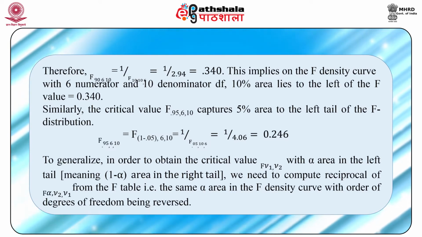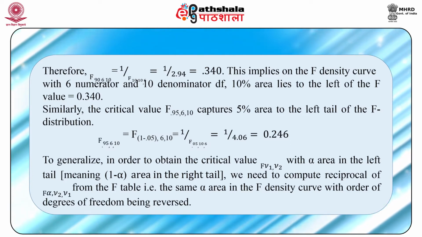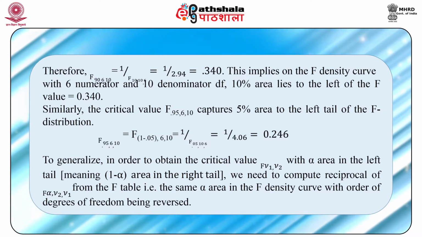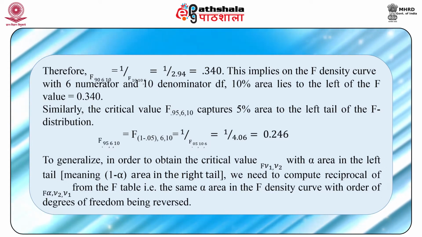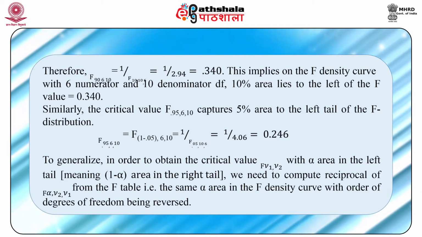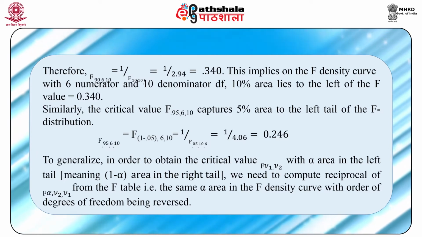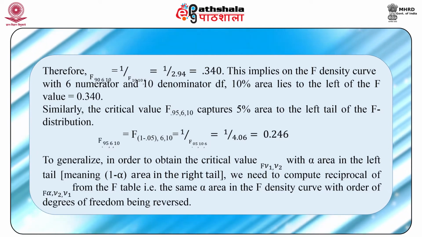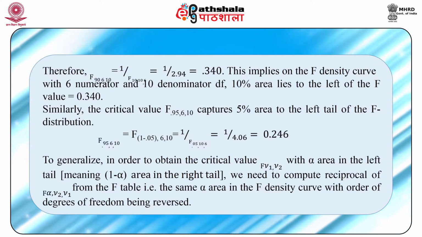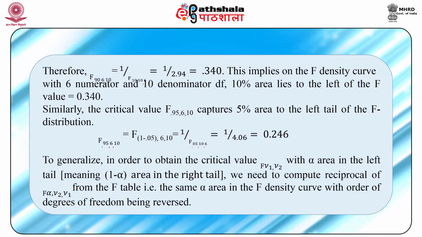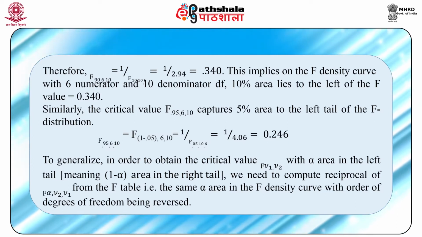So from these two examples we can generalize. To obtain the critical value f nu1 nu2 with the alpha area in the left tail, meaning 1 minus alpha in the right tail, we need to compute the reciprocal of f alpha nu2 nu1 from the F table. That is the same alpha area in the F density curve with the order of degrees of freedom being reversed.